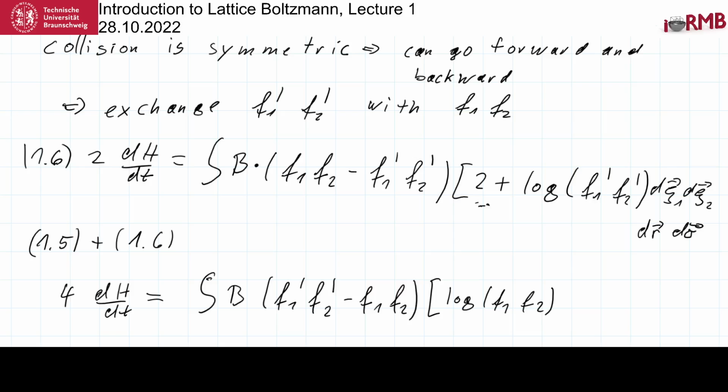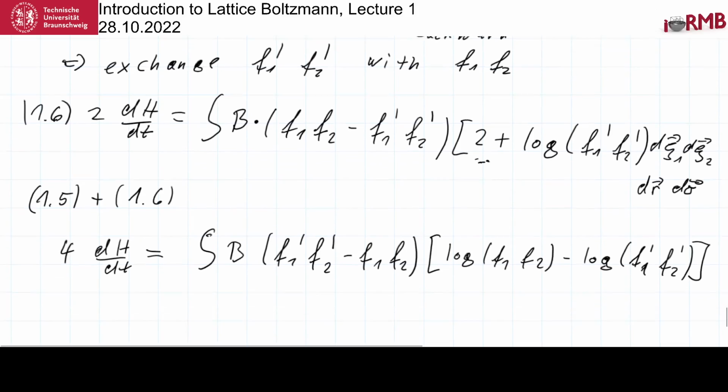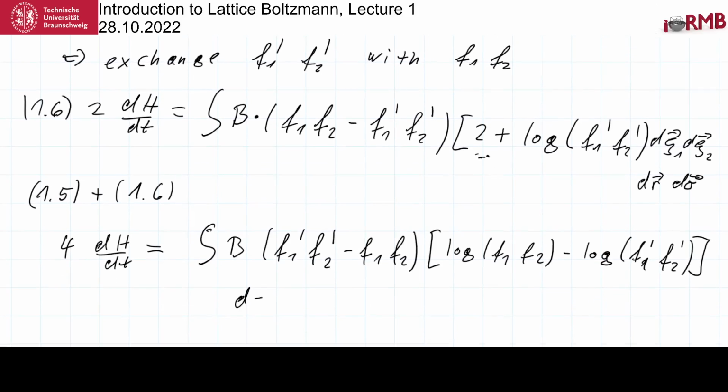This is coming from 1.5 minus log f1 after collision times f2 after collision, and the entire thing dxi1 dxi2 d sigma and d rho, and this thing here is smaller than 0.